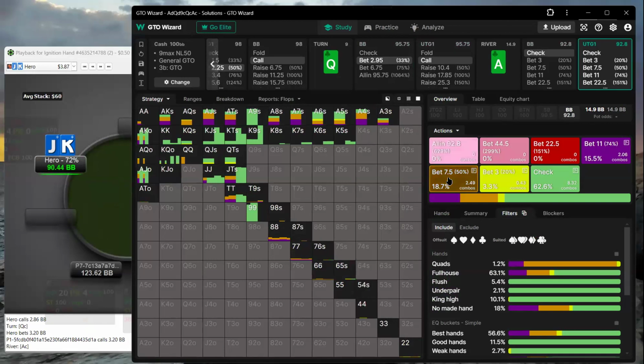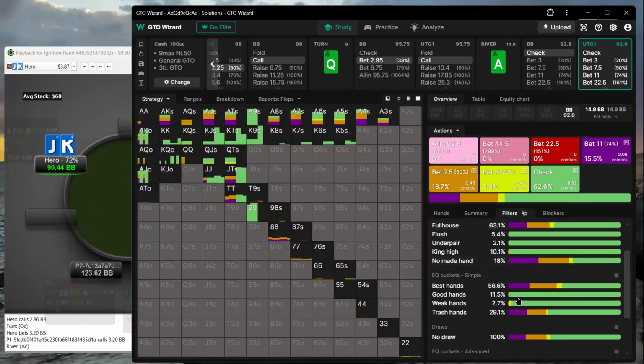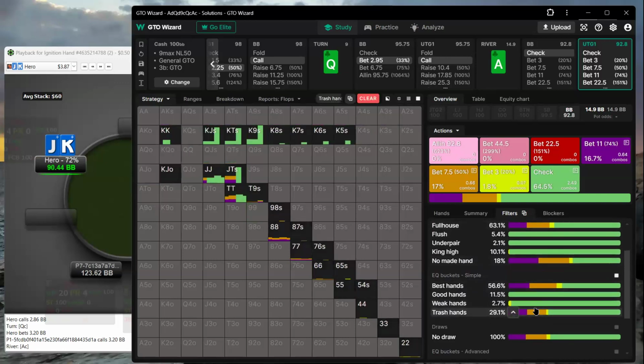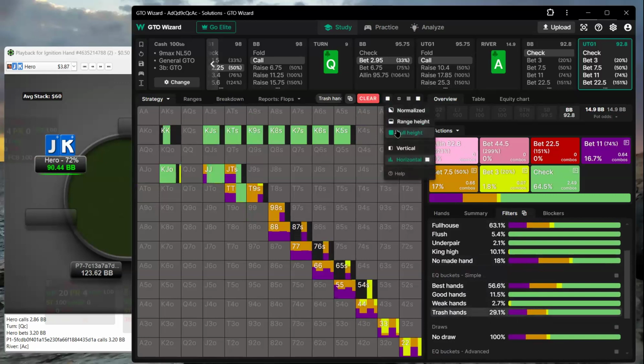Mike, can we filter for no made hand or trash hands, and then see where our bluffs are coming from? It's a very tough place to understand where to block from on a double paired board after the action in front of us. You want to check king highs because king high is the nut no pair.